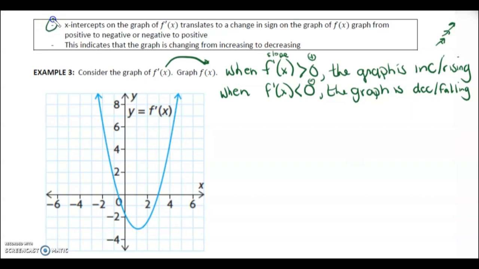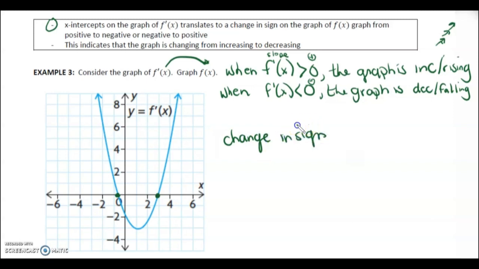So when we read this first point right here, we see the x-intercepts on the graph of the derivative, these two x-intercepts here. What they mean is that there's a change in the sign. So that means we're going from positive to negative or negative to positive.